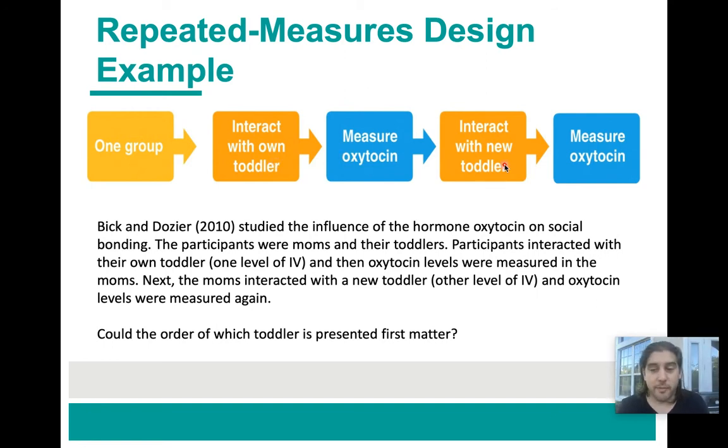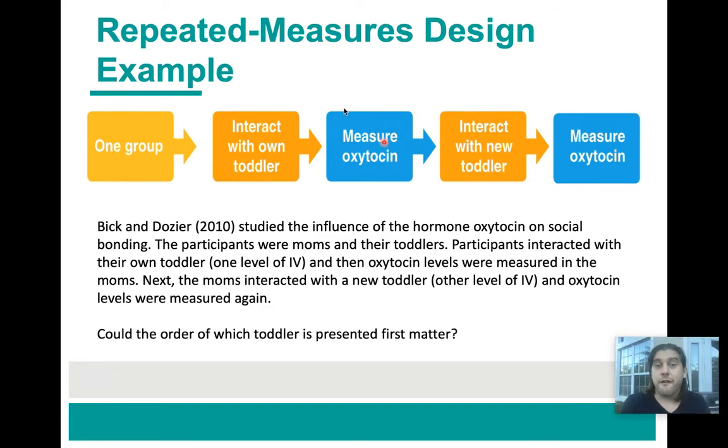But then 20 minutes later, we give you someone else's toddler to interact with, and then we measure your oxytocin again. But what if this first manipulation, this first bump in oxytocin carries over, right? It's a biological mechanism. Oxytocin isn't just going to go away magically when a new toddler is introduced, right? Maybe that oxytocin level stays elevated.